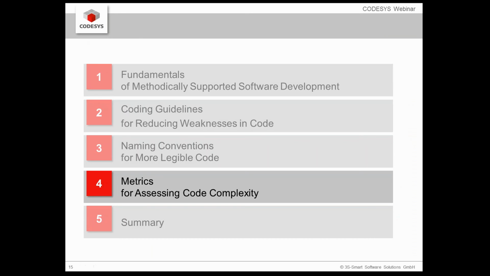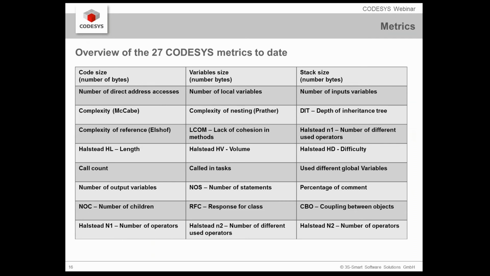Let's go back to the PowerPoint and let's enter the last one, which I want to show you for the CODESYS Static Analysis. It's the metrics part. At the moment, we have 27, I call it CODESYS metrics, which are available. They are not invented by CODESYS, but we have added them to the CODESYS tool.